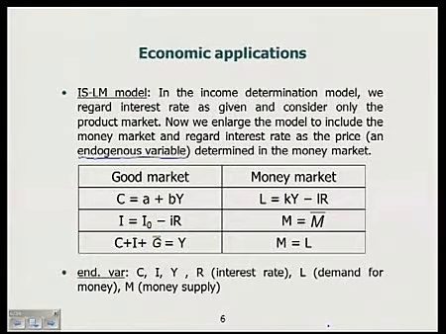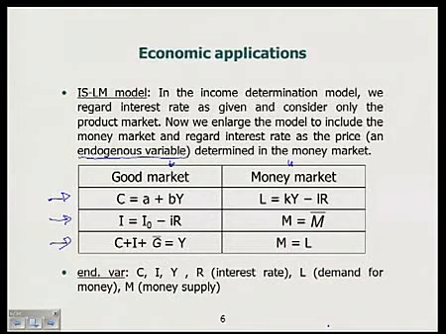So we can build a table with 3 elements on the row and 2 elements on the column. The good market column and the money market column.